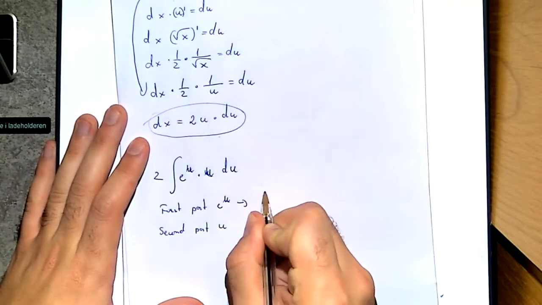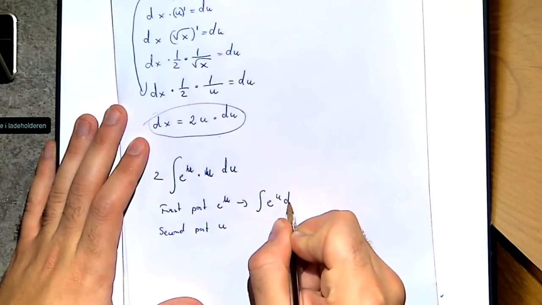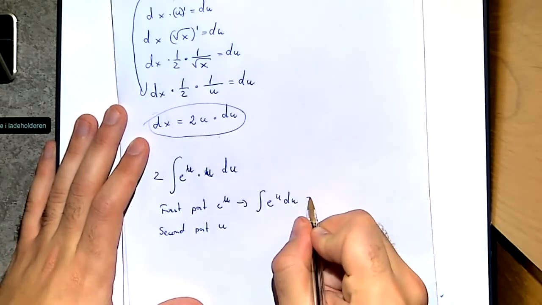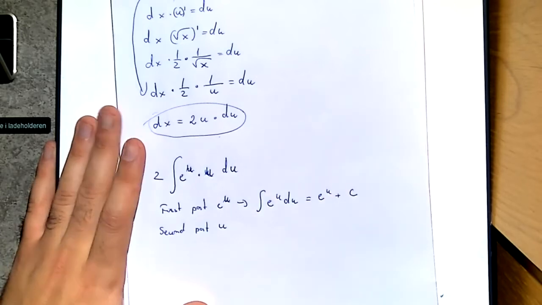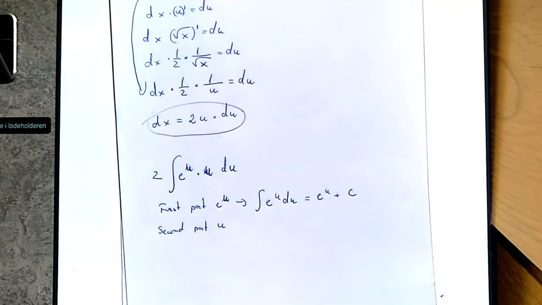First part, e to the power of u. I just compute the integral of this. The integral of e^u du is just e to the power of u plus a constant. Again, I'm applying by parts now, so relax.